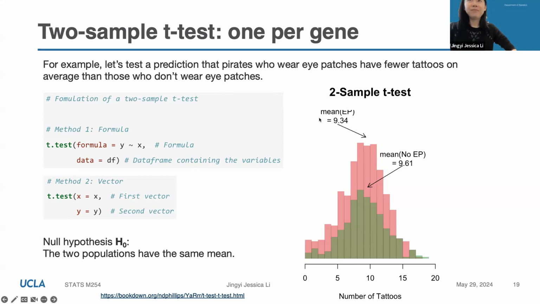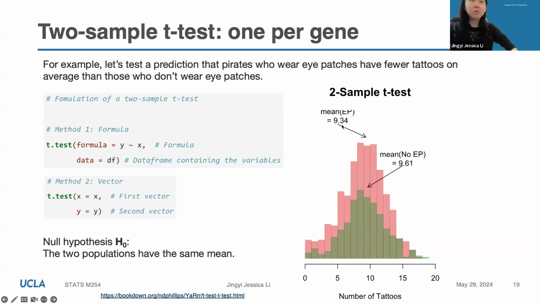So we divide the pirates into two groups based on eye patches, and we compare their tattoos. We have a distribution of tattoos in each sample, each group. And our null hypothesis is that the two pirate populations have the same mean number of tattoos.